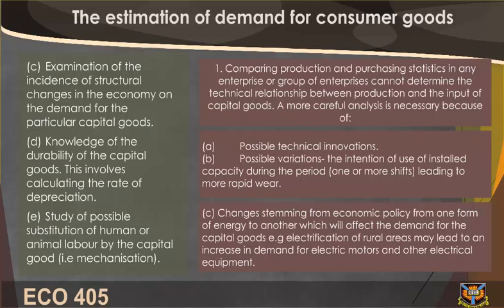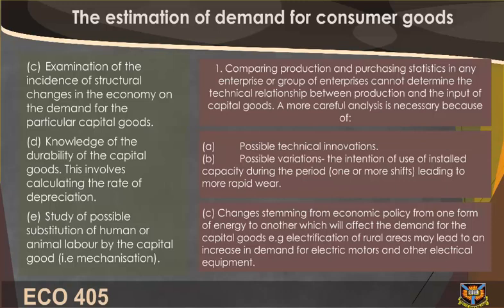D. Knowledge of the durability of the capital goods. This involves calculating the rate of depreciation. E. Study of possible substitution of human or animal labor by the capital good, that is, mechanization.